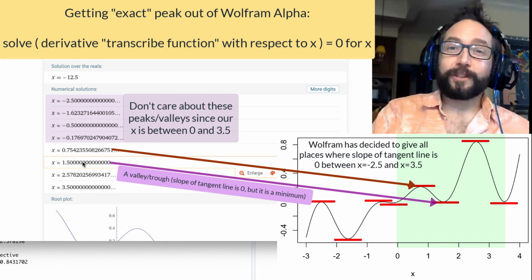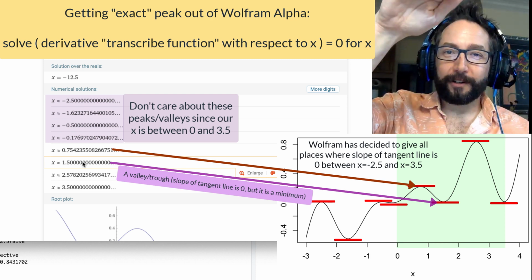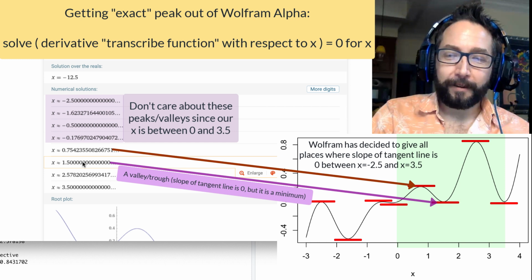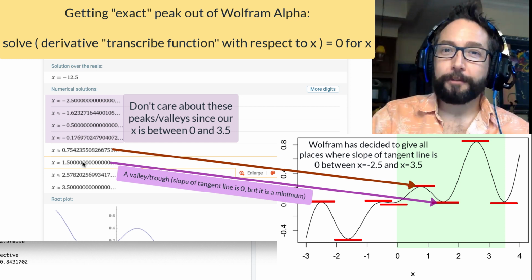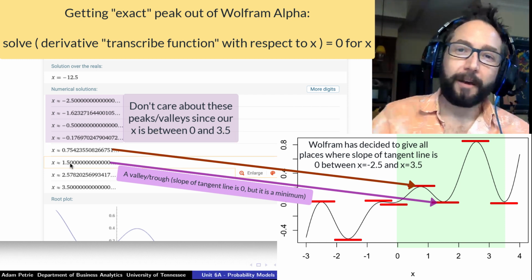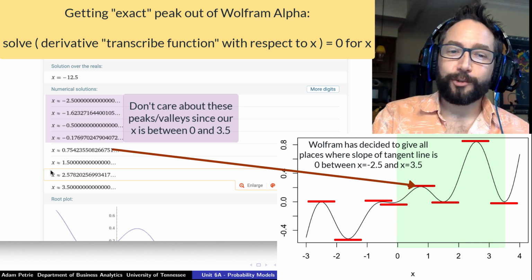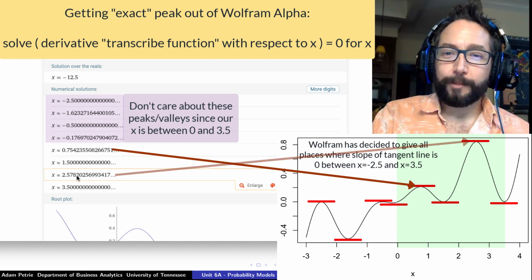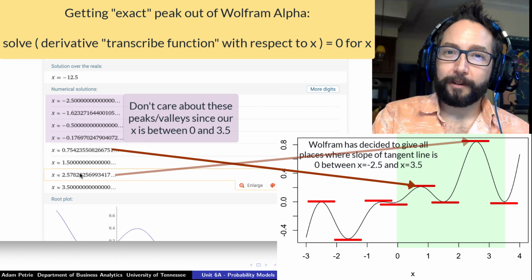So Wolfram Alpha is actually outputting both where the peaks are occurring and the troughs are occurring. So we just need to be careful that we're throwing away the ones that we're not interested in. This 1.5 actually corresponds to a trough, a minimum in that function. That next one, that 2.578, corresponds to the peak as well. So we found both of those.